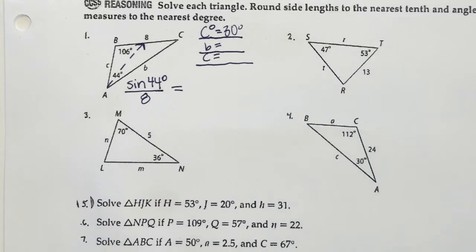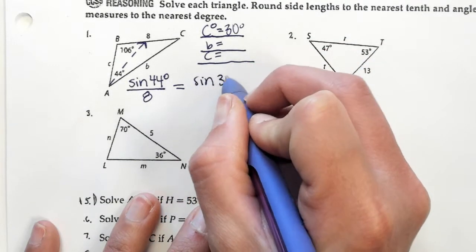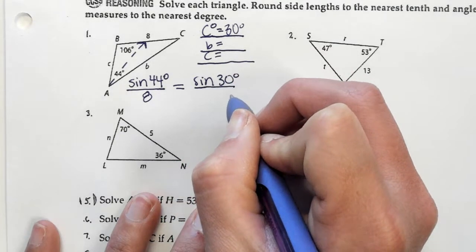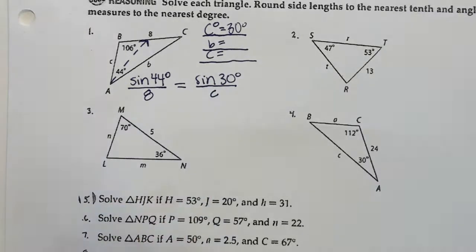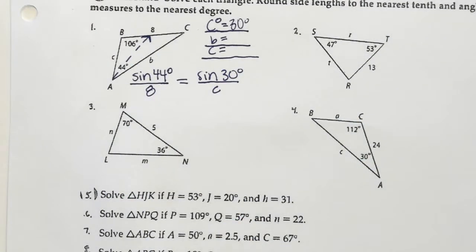So it's up to y'all which one y'all want to solve for first. C? Okay. So what's the degree of C? 30. What's the side? Yeah, we don't know, so we'll put C. So angles always go on top, sides on bottom. Again, we had to use this one because you had both A's. Alright, now how do we solve for C?